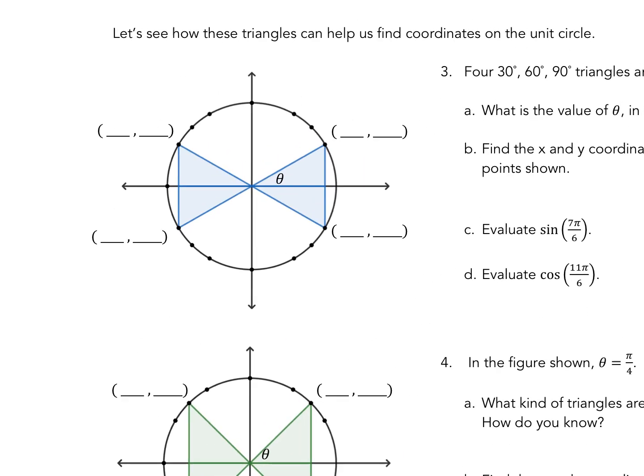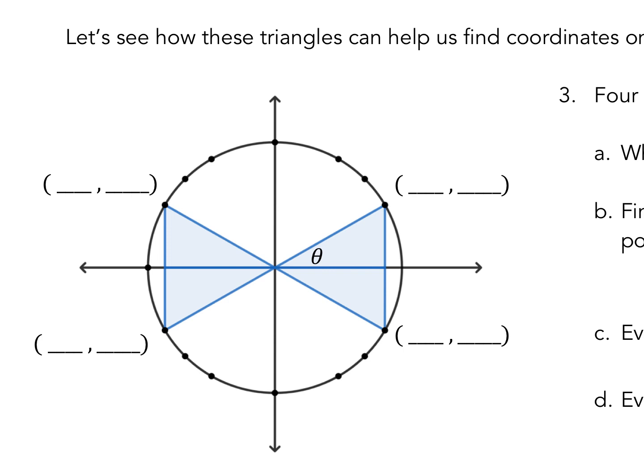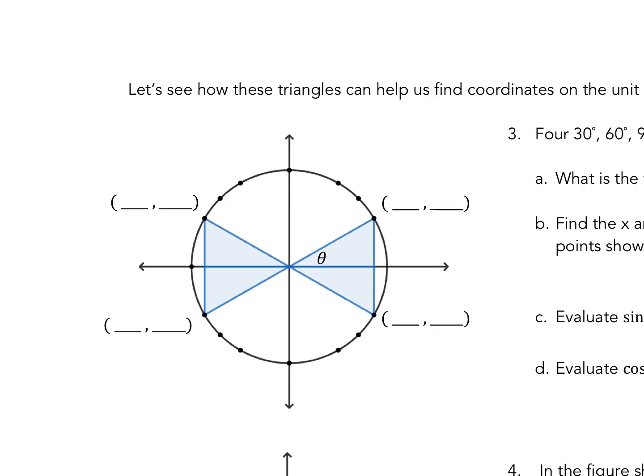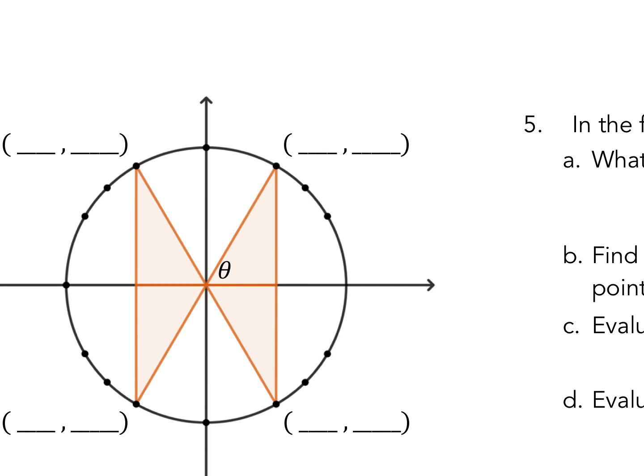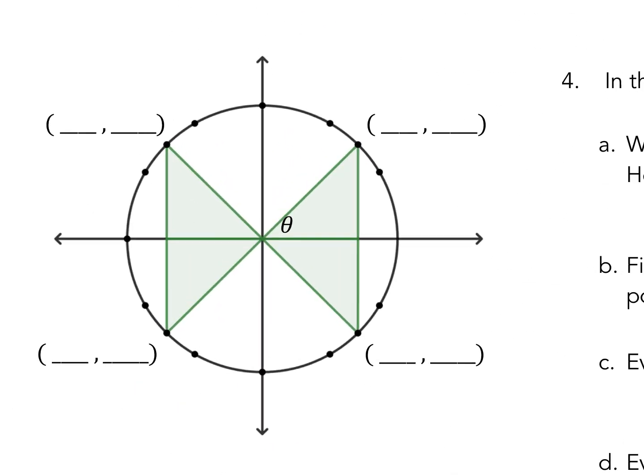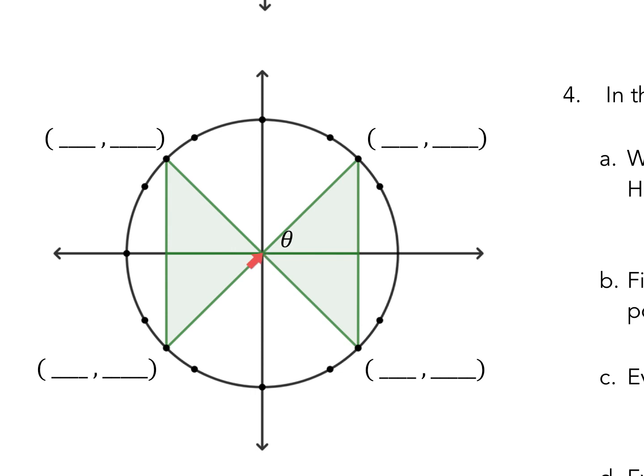If you look at the first one here, see how the long side of that triangle is on the x-axis, whereas in the last one, my long side is the y value of that triangle, that height, where my short side is on the x-axis. So it's like we flipped where the triangle went. The 45 ones are nice because, being 45 degrees, it's going to be halfway in between all of these quadrants all the way around.